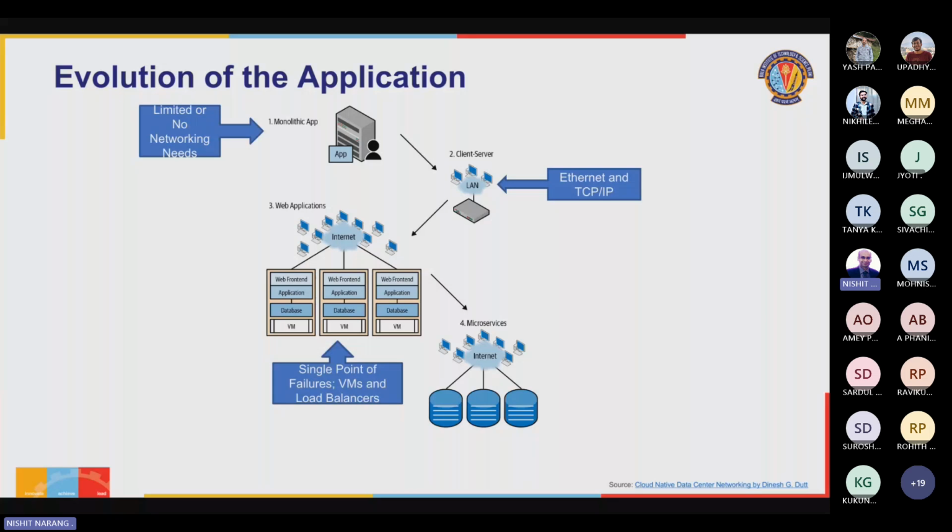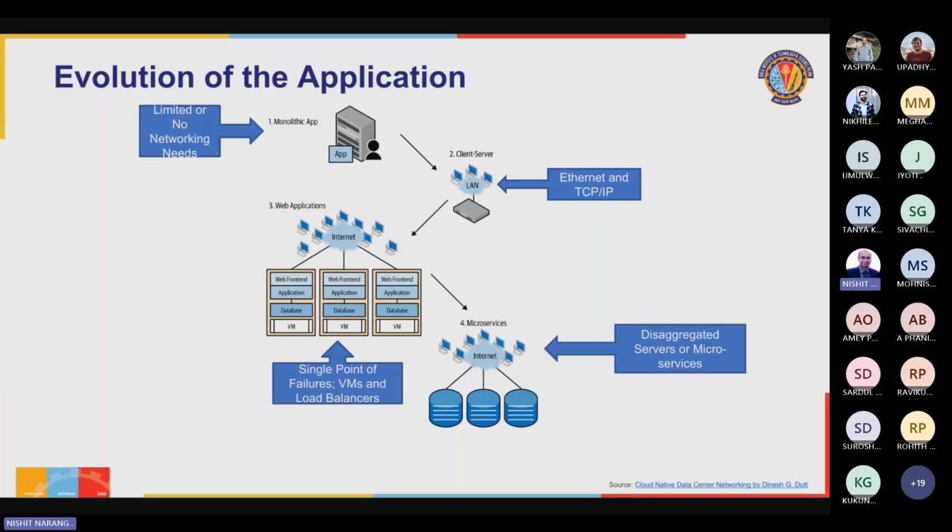And then as the network further evolves to web-based applications and you want to solve these single points of failure and handle the multiple workloads, you have network virtualization coming in, multiple VMs running, different server instances, load balancing coming into the picture. So the network evolved.